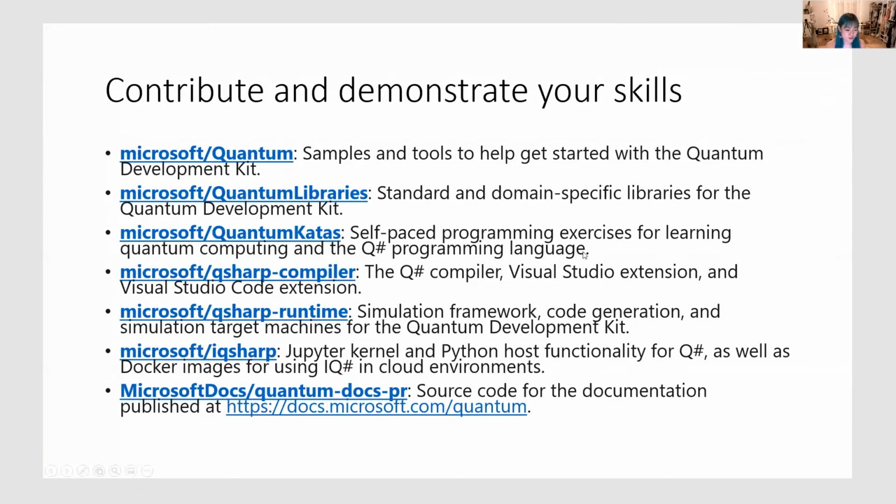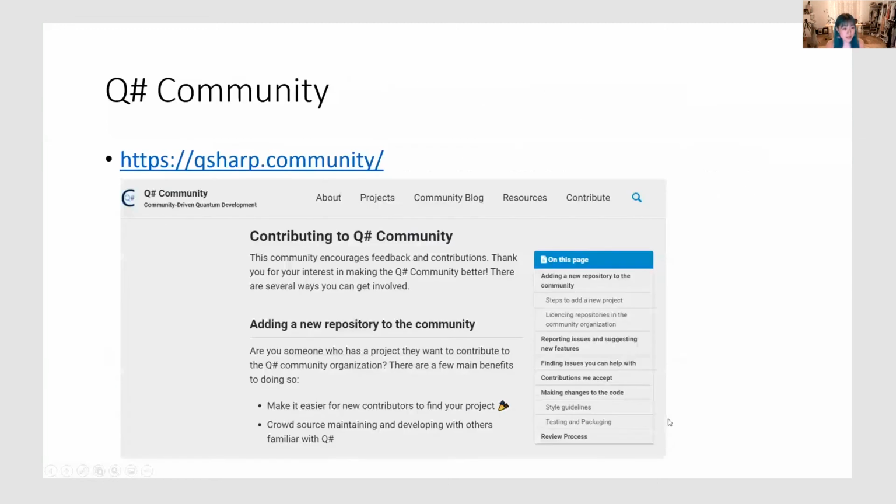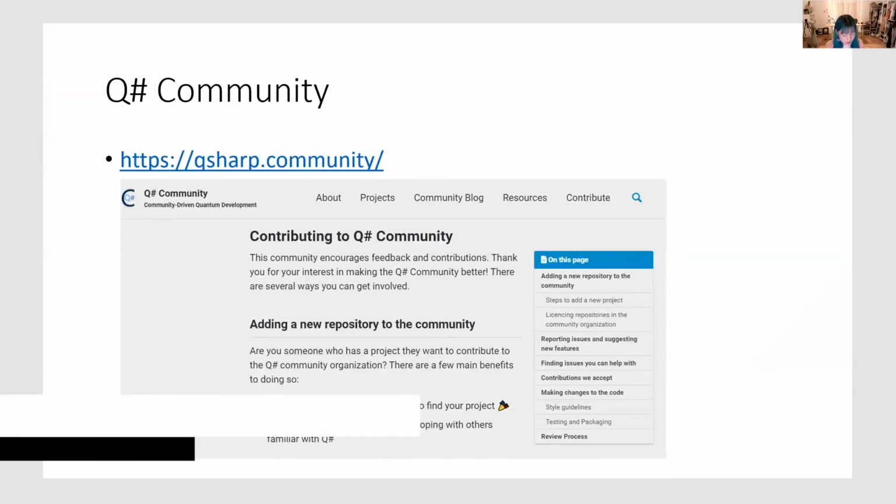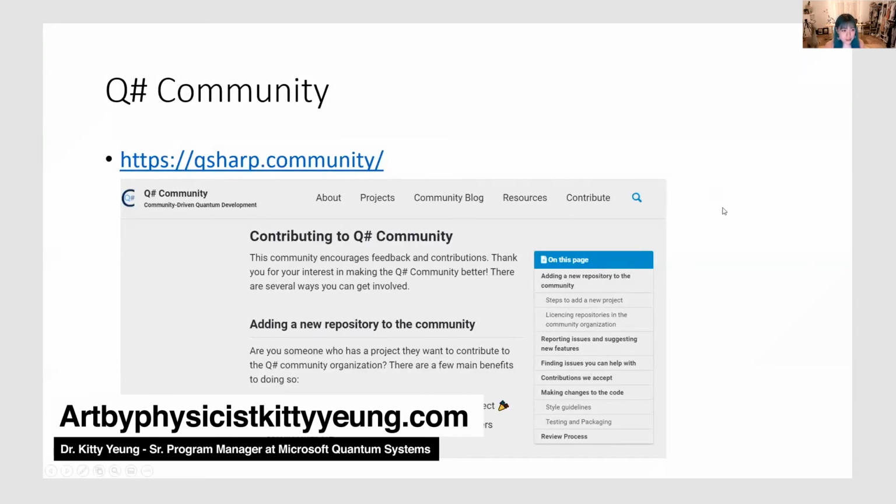They're all open source, so you should take advantage of all these great resources out there. And also to remind you that these are the official Microsoft places. We also have a great QSharp community. Note that this is an established organization and an official site.